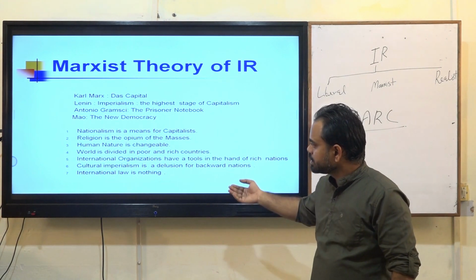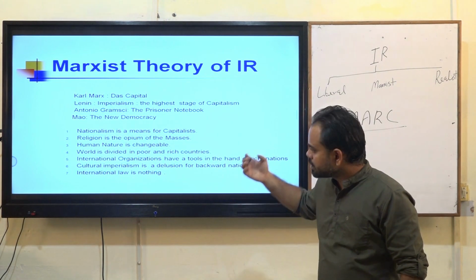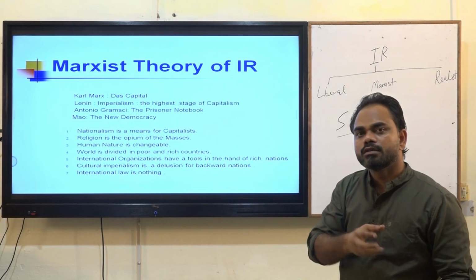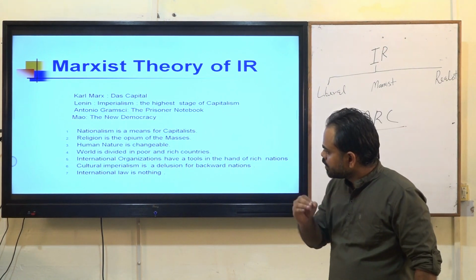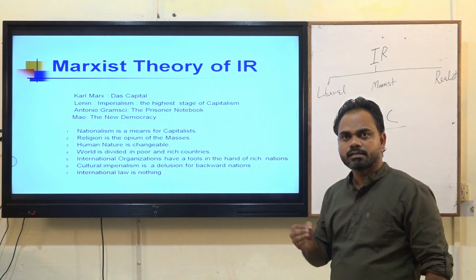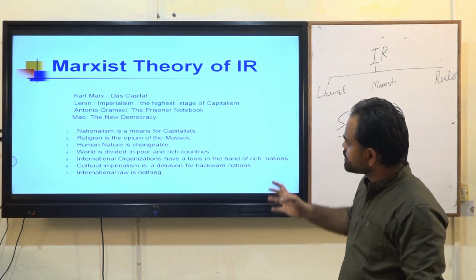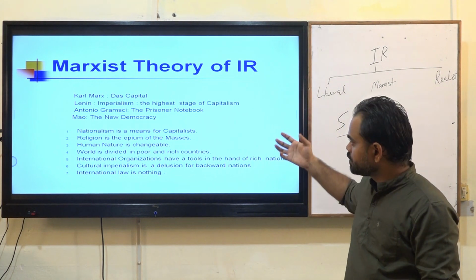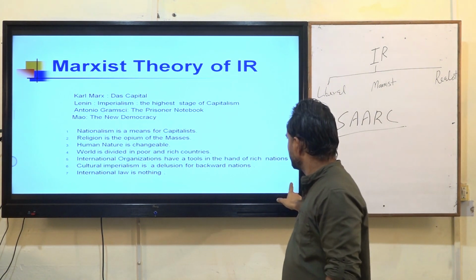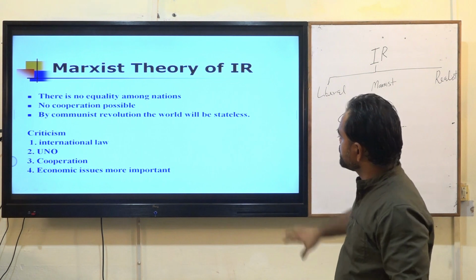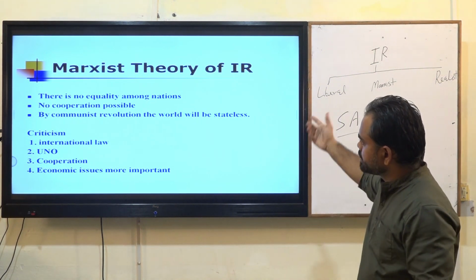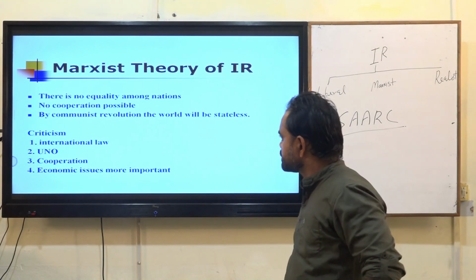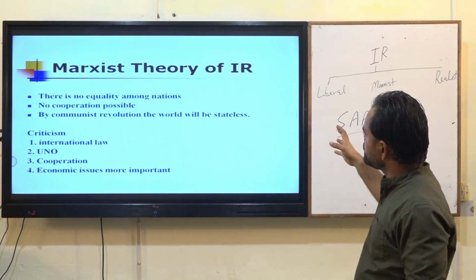And last but not least, international law is nothing, just a tool, just a utopian law which is always used against the proletarian state. So this Marxist theory is based upon the philosophy of Marx. According to Marxist theory, there is no equality among nations and no cooperation is possible. By communist revolution, the world will become stateless.